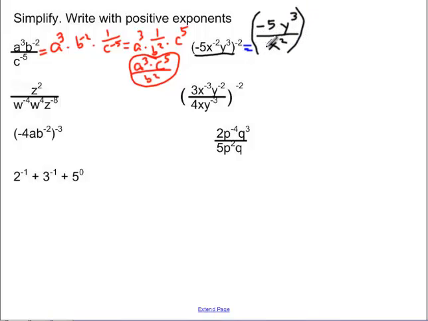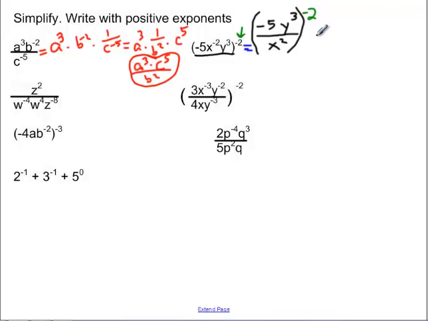Now I've got everything in positive exponents, but I've got to remember to keep that negative 2 power on the outside of the entire base. The base has simply been modified, so we have positive exponents, and the negative 2 power still applies to that base.